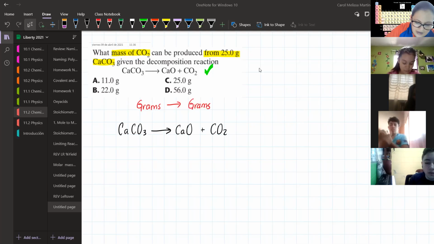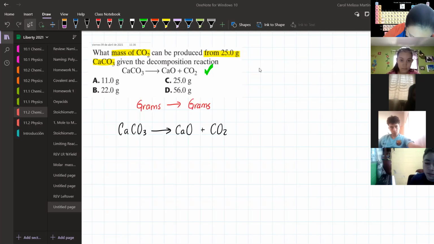I'm not going to calculate the molar masses because I think it's a procedure that you already know how to do. So for calcium carbonate, I have a mass of 40 plus 12 plus 48. Calcium 40, carbon 12, and 48.